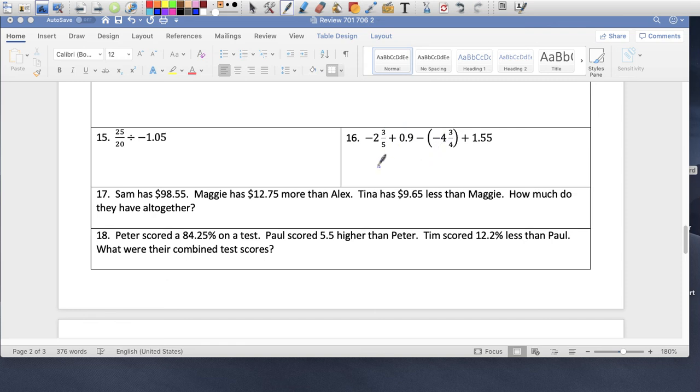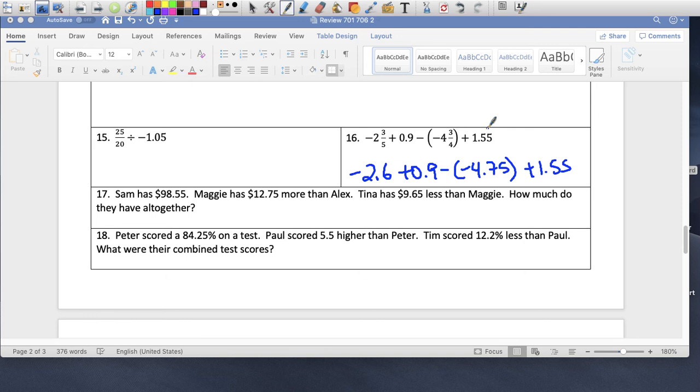This one, I will change all these numbers to decimals. Look how easy it's going to be. Negative 2.6, because 3/5 is 0.6, plus 0.9, minus a negative 4.75, plus 1.55. This one you can put all in the calculator. Just be very careful. If it's negative, make sure you put the negative sign.